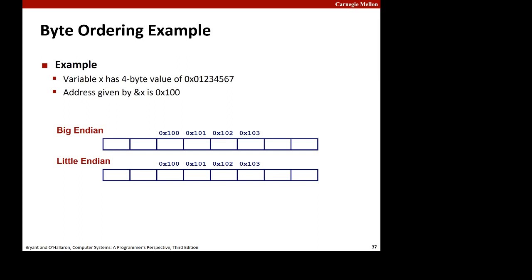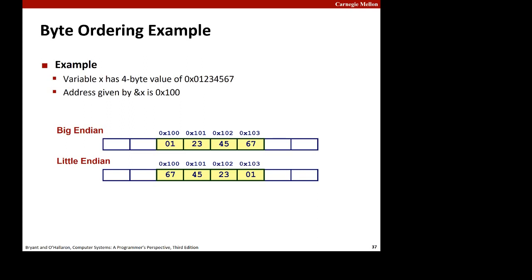But now when we load that into memory, we'll see that in big endian order, if we read from left to right, it looks the same, because the least significant byte is at the highest address and the most significant is at the lowest address. But if we write it in little endian ordering, it appears to be reversed.